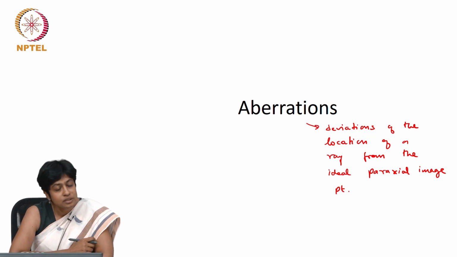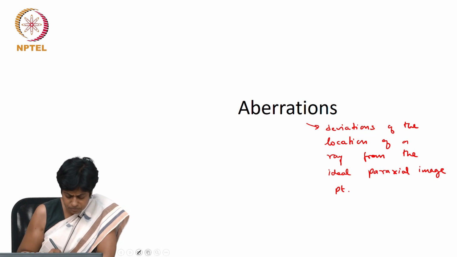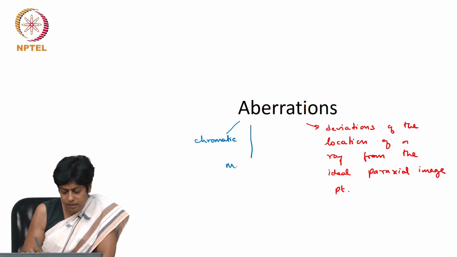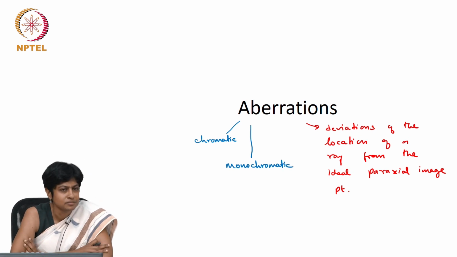Okay. So the two broad classifications of aberrations are chromatic aberrations and monochromatic aberrations. Why do these come about? Obviously, chromatic has to do with wavelength.